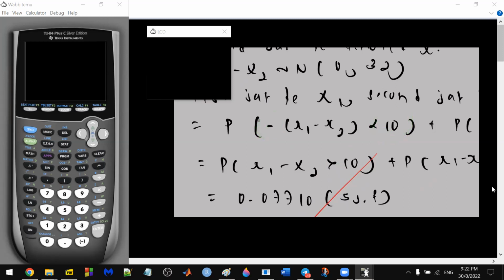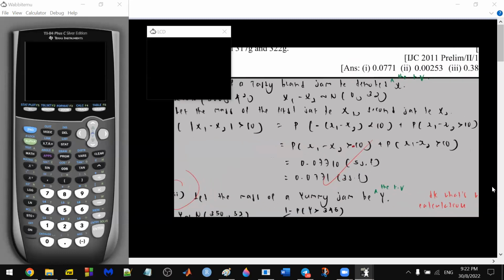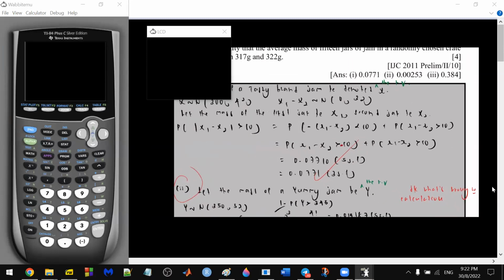How did you get the correct answer? I am a bit confused by the writing. Let me think a bit.